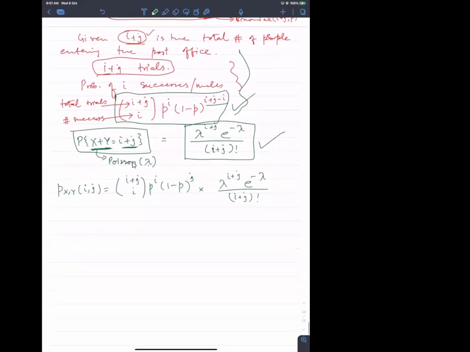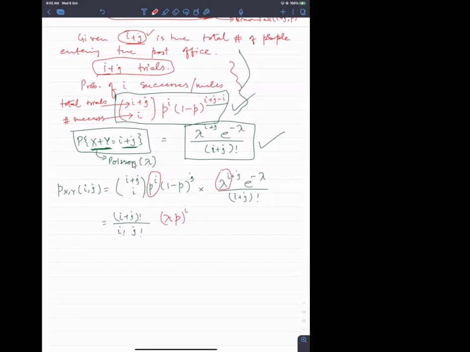So let us open this up a little. i plus j choose i is i plus j factorial divided by i factorial j factorial. This p power i can be combined with this lambda power i to give lambda p power i.